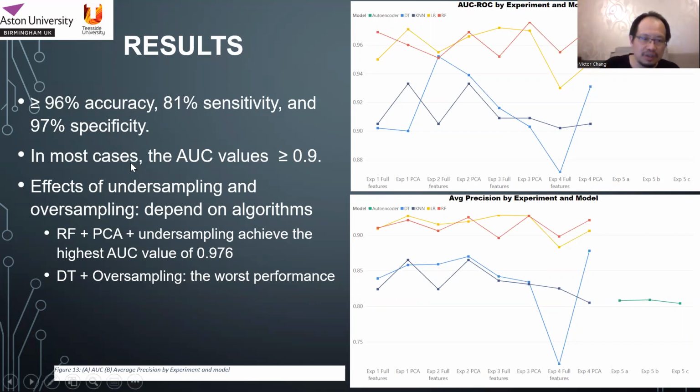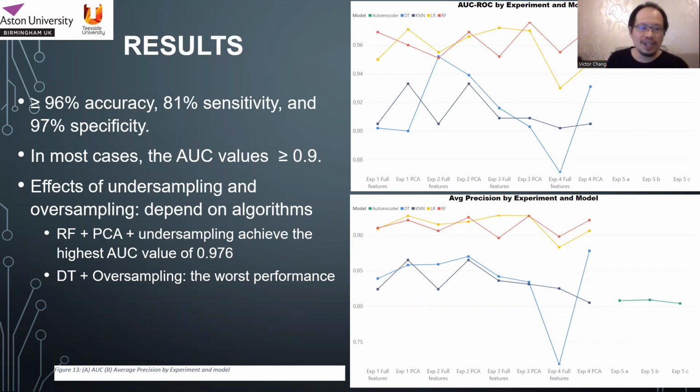And the effects of undersampling and oversampling depend on the algorithm, because different algorithms will give you different outcomes. We noticed that if we use random forest and also use PCA, with the undersampling strategy, we achieve the highest AUC value. In this case, we use AUC as a measurement to test our quality.